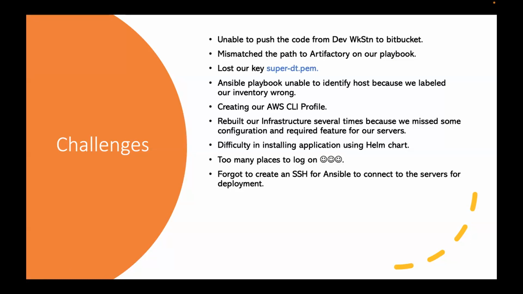We had issues creating the right inventory, and the AWS CLI profile was also an issue for us. We also had to rebuild the infrastructure several times because of mixed configurations we missed, like the ports and some applications that were supposed to be installed.